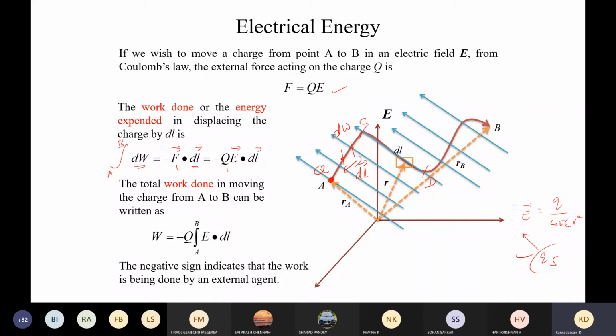However, the total work done will always be the same. From point A to B, even if you take n number of paths, some kind of curved path or zigzag path, and reach this point B, the total work done will be the same with respect to the electric field present over the region. So finally we can calculate the total work done by this.